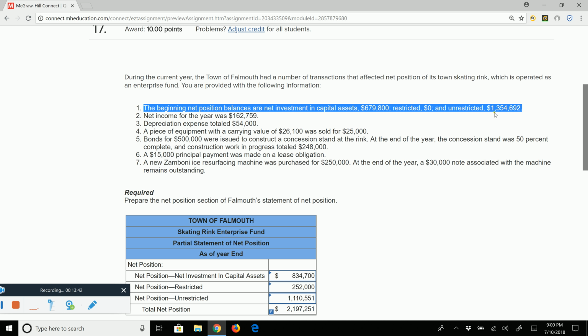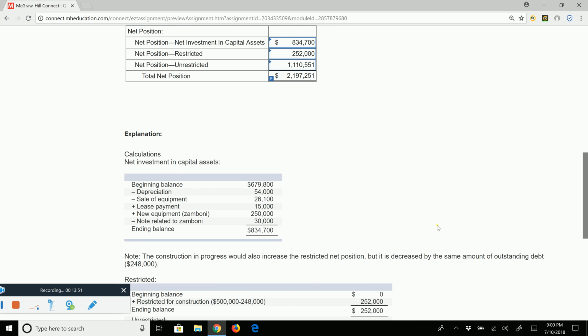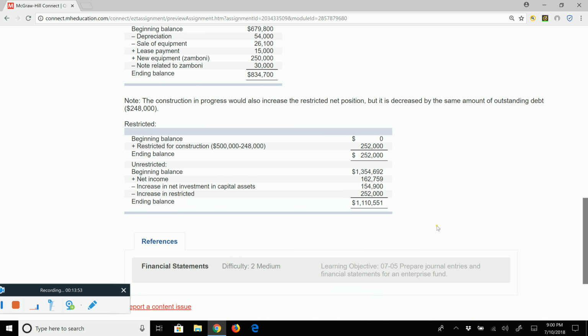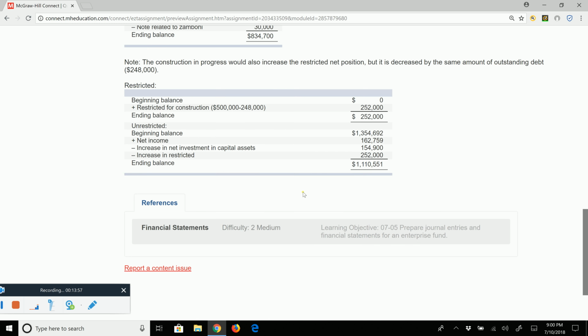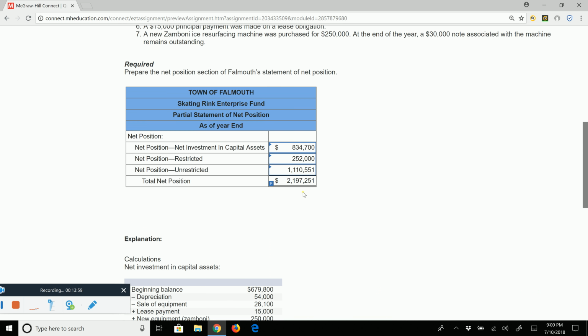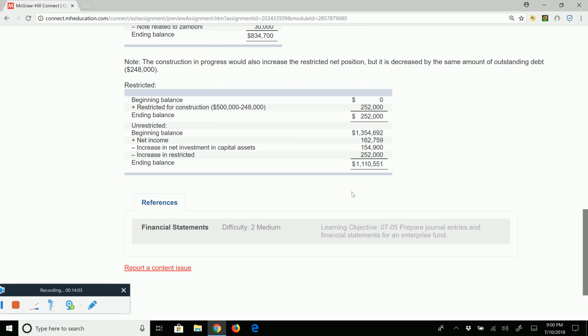So we have unrestricted, and I'm going to have 3 calculations down here. Where is it? I don't see it in the explanation.